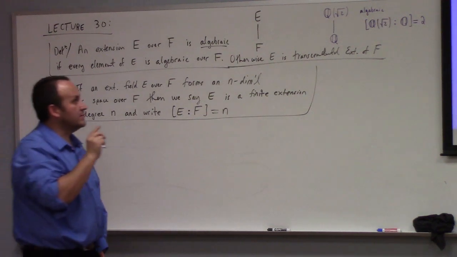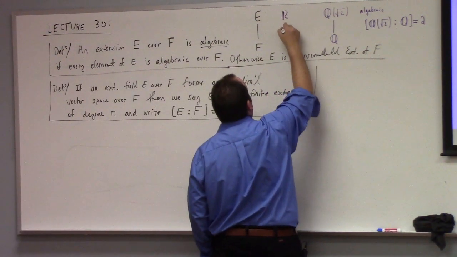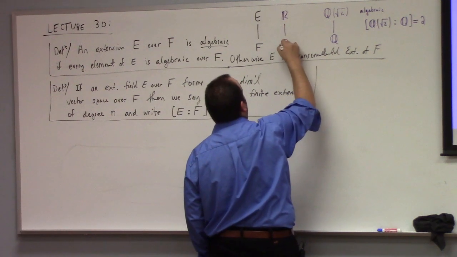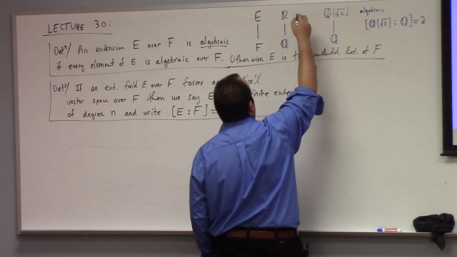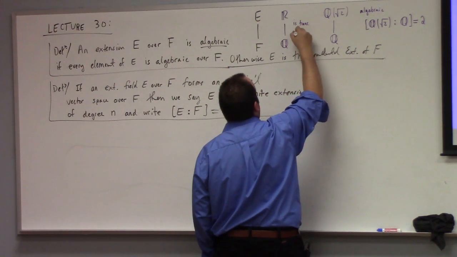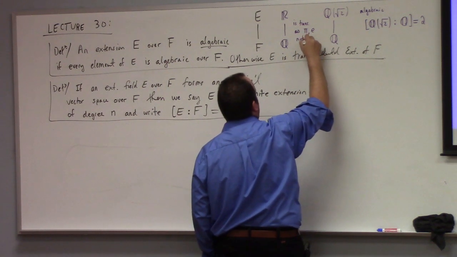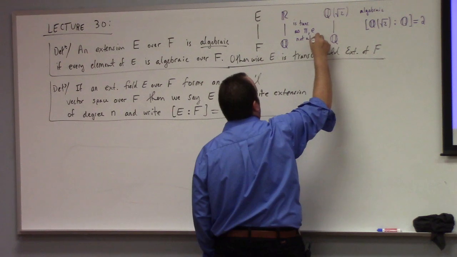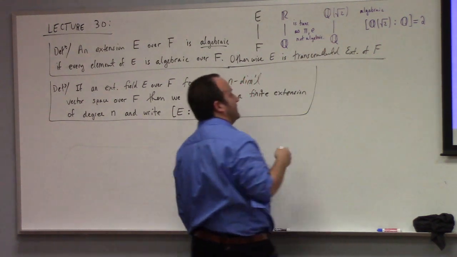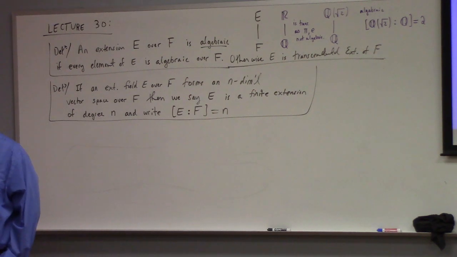On the other hand, if we look at the reals as an extension of the rationals, this is a transcendental extension. Why? Pi and e are not algebraic. There's no rational polynomial for which pi or e appear as zeros.